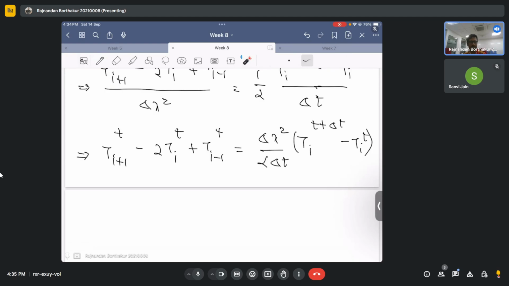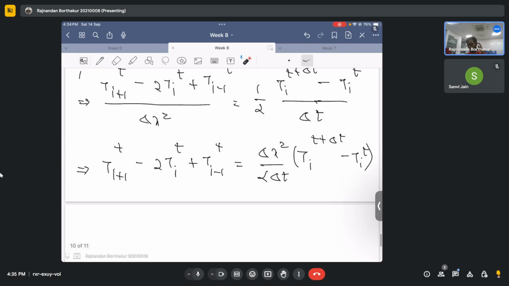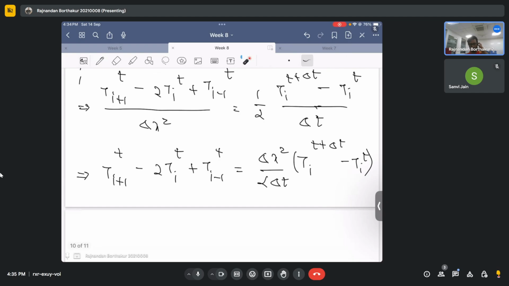Now can you tell me what is this? Does it sound familiar, like some non-dimensional number? We saw this in the last class. Alpha times some time divided by the square of the length. Just think about it.